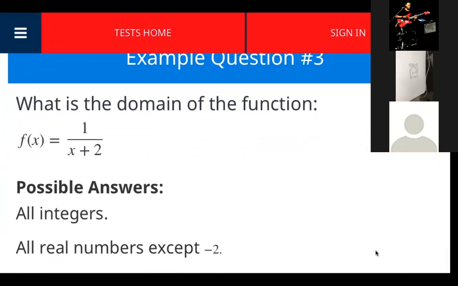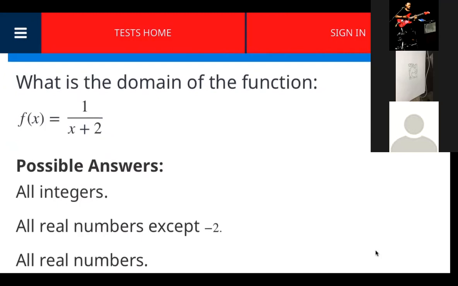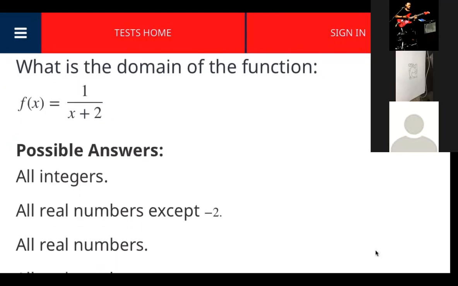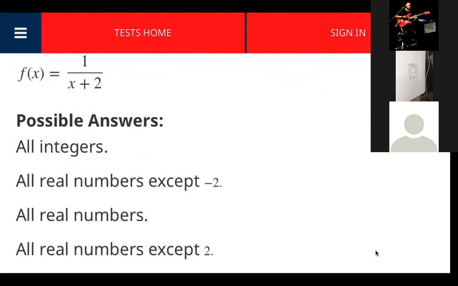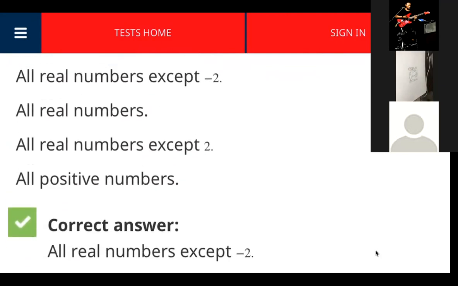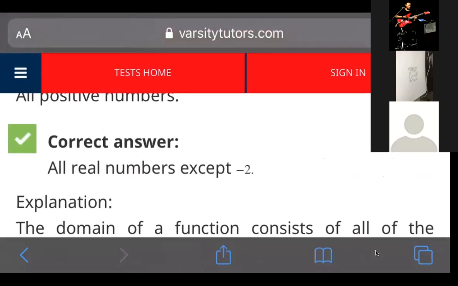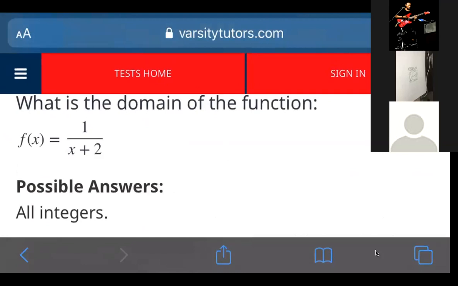So what is the domain of the function f of x is equal to 1 over x plus 2? Now the possible answers, I'll explain the first one. When we say all integers, we know that integers are positive and negative whole numbers. But here, when you look at the denominator, it should not render the denominator 0.